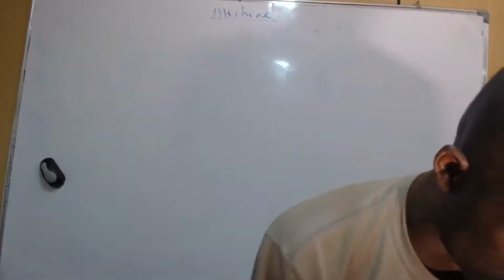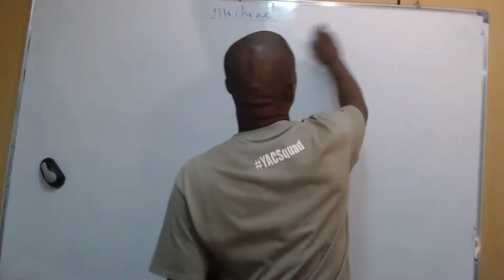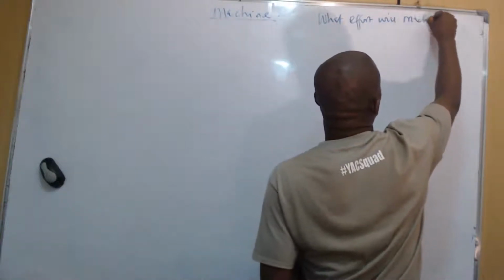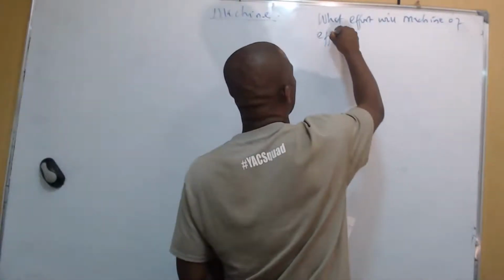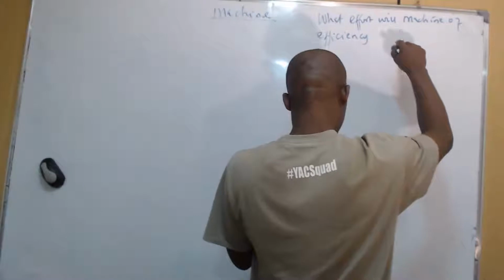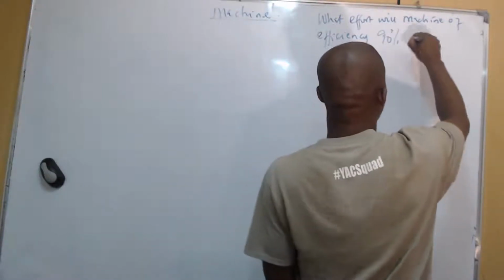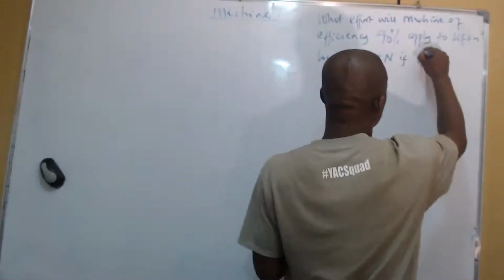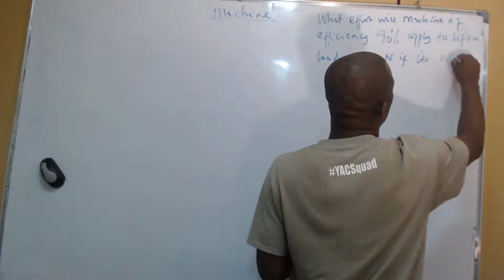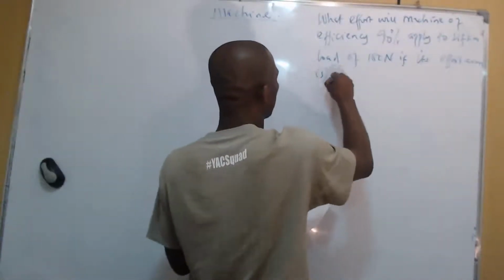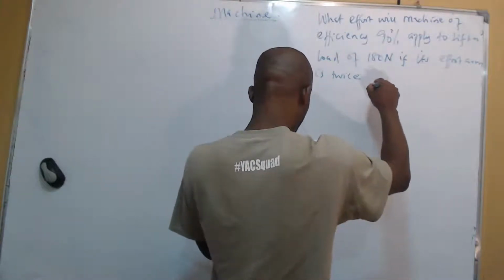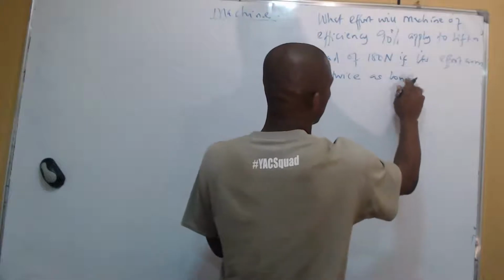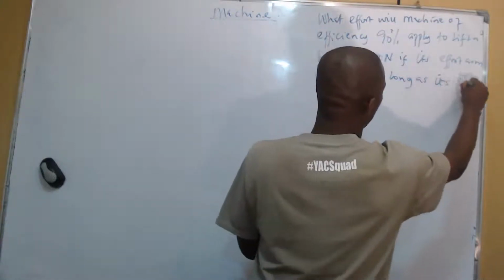Number 2 question says, what effort will a machine of efficiency 90% apply in Newton if its effort arm is twice as long as its load arm.